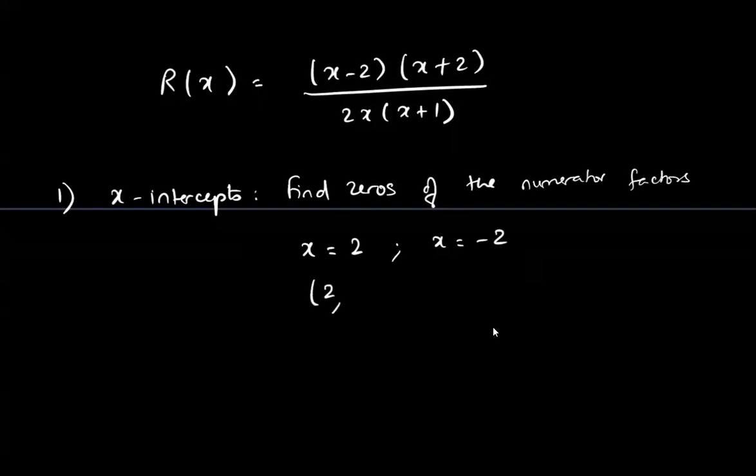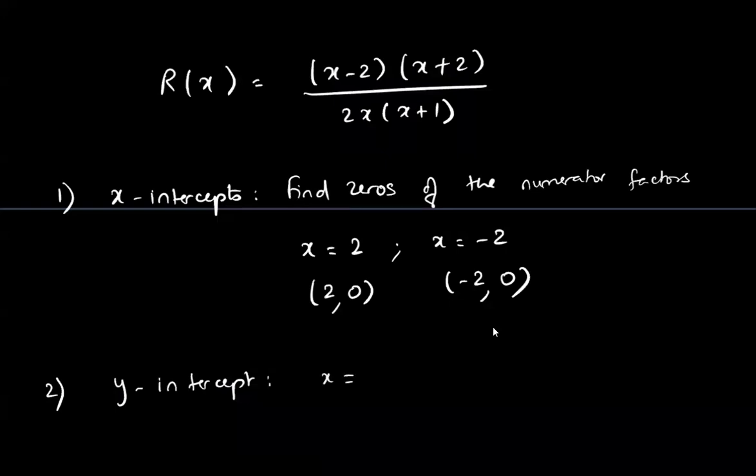So I have two x-intercepts at 2 and -2. What is the y-intercept of my function? To find the y-intercept, I have to make my x equal to 0, but x equal to 0 is not in the domain. Therefore, there is no y-intercept.